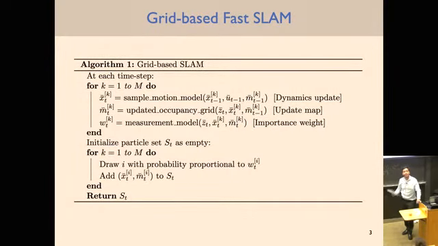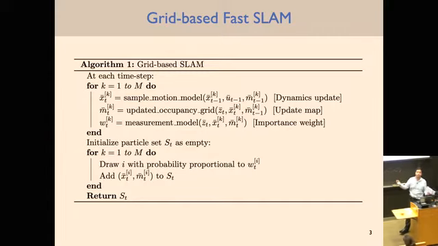In practice, what do we use maps for? One application of mapping or SLAM could be that you literally just want to build a map of some environment. You want to go in somewhere and figure out what the environment looks like. Often what you want to do is planning.